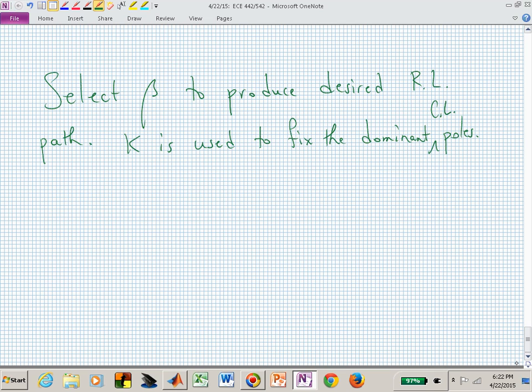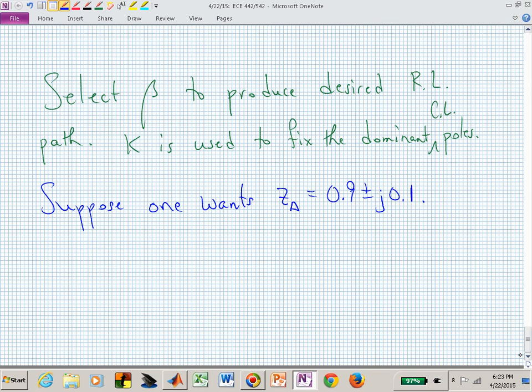So now it might be that somebody already has in mind where they want their closed loop poles to live. Suppose one wants these dominant poles to be at 0.9 plus and minus j 0.1, for whatever reason.